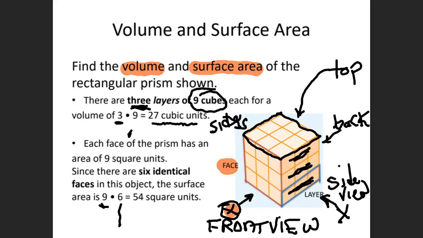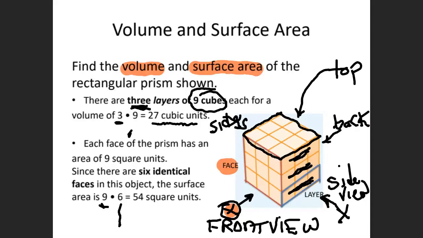So there's 9 boxes per face times 6 sides of the box. Okay.